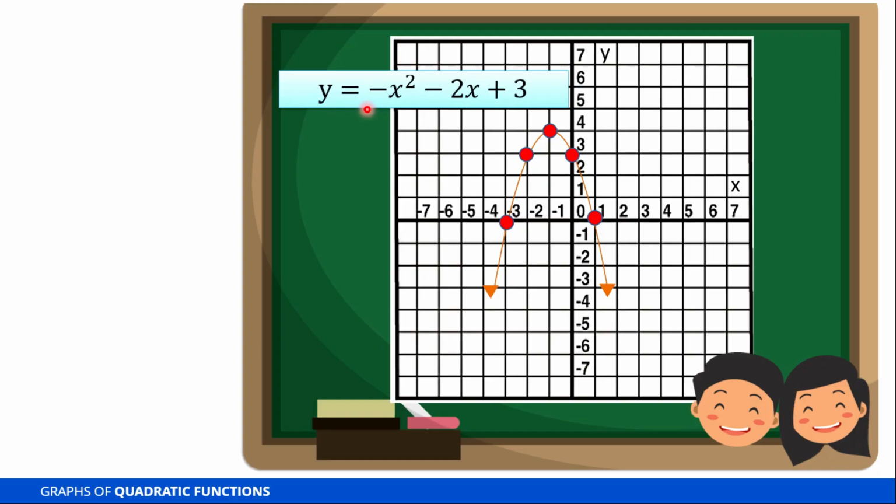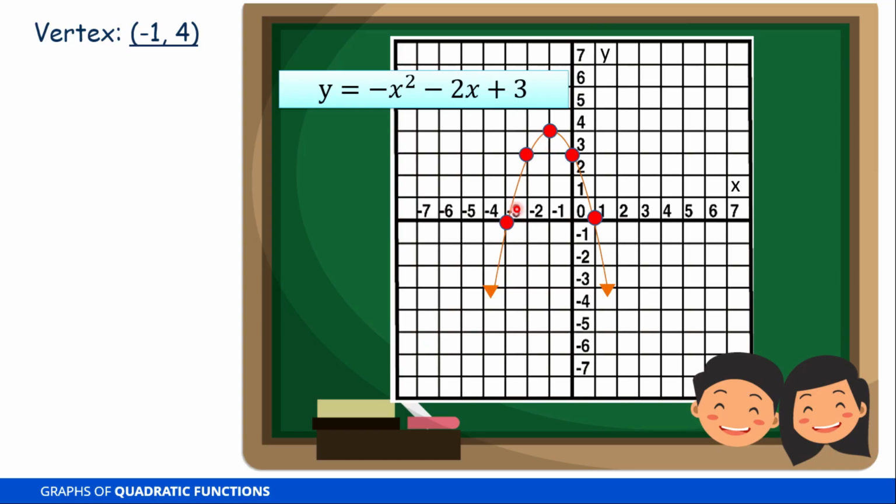After graphing our quadratic function, y is equal to negative x squared minus 2x plus 3, let us determine the following. First, we have the vertex. Ang vertex ng ating given, kagaya na nakuha natin, ay negative 1, 4. Ito yan, negative 1, 4. Ito yung turning point ng ating parabola.